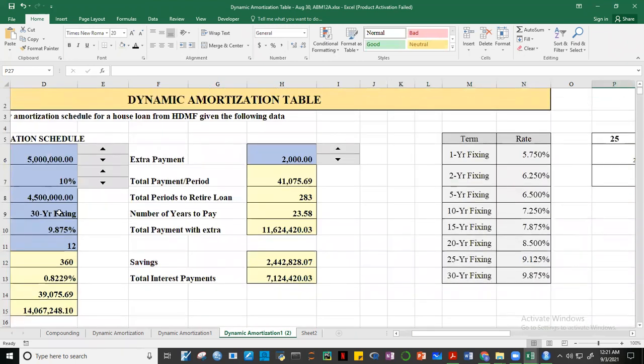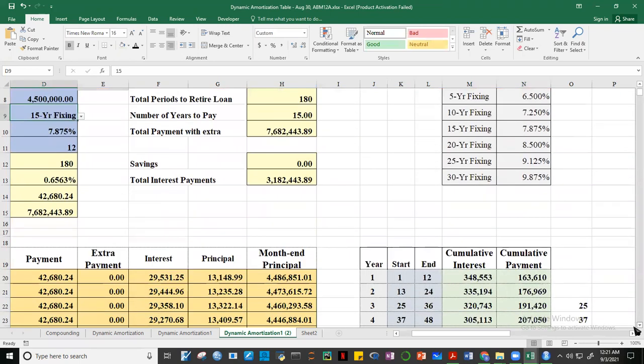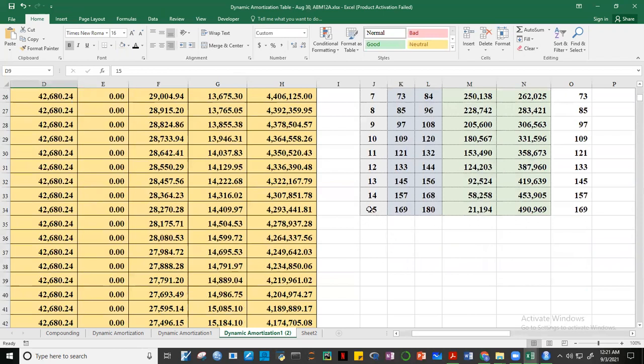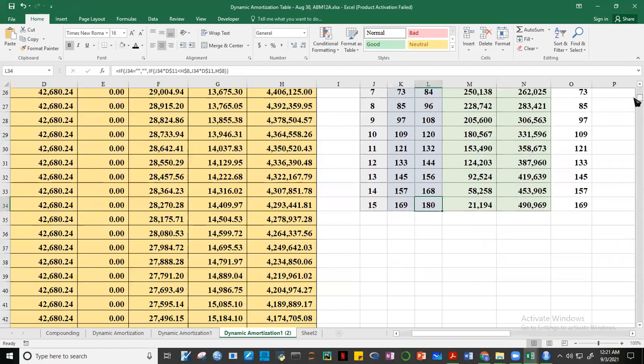Okay, kunyari, let's make this 15 years. 15 years, tapos walang extra payment. So dapat 180 yung lalabas dito, 15 years, tapos 180 yung last month natin. Okay?